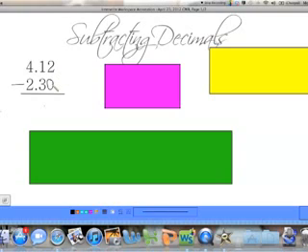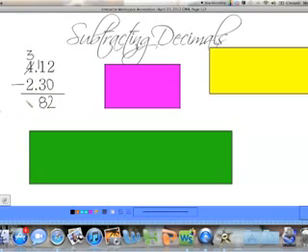Alright, we have to do 2 minus 0, which is 2. You cannot do 1 minus 3, so we will have to borrow. So this becomes a 3. And now we have 11. We can do 11 minus 3, which is 8.